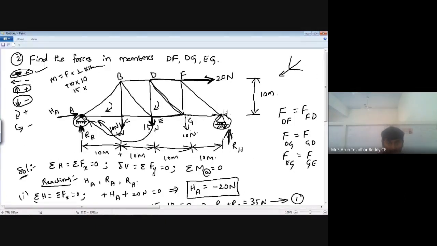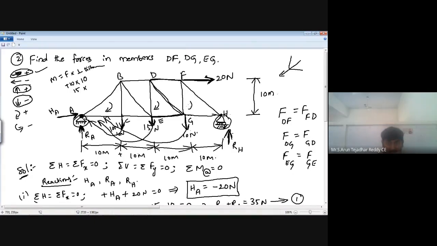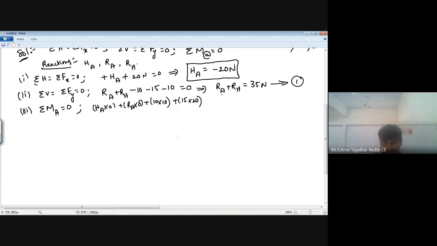Next, again the 10 Newton force is acting at point G. Moment about A, it is moving from G to A, again a clockwise direction. The perpendicular distance from G to A is 10 meter, 10 meter, 10 meter, totally 30. 10 into 30.